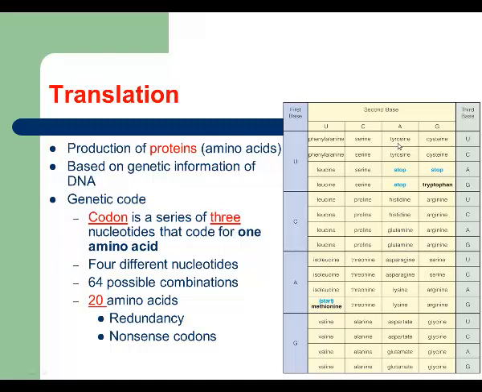So the codon for this tyrosine is U, the first base, A, the second base, and U, the third base. But if you look below this tyrosine, there is another tyrosine molecule here, and the codon for this one is going to be U, the first base, A, the second base, and C, the third base.